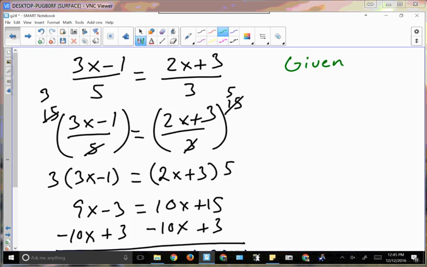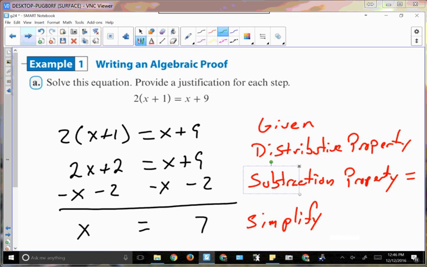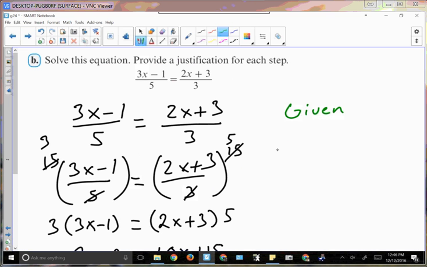Yep. So, if I go back here, what did I do? Oh, I multiplied both sides. Okay? So, this was multiplication property of equality. That was the reason for that.